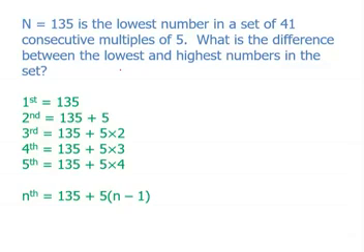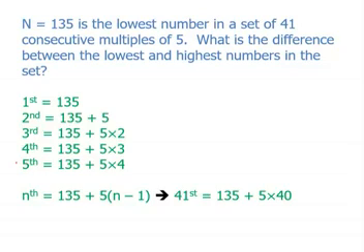So the nth term is going to be 135 plus 5 times n minus 1. Notice that the factor by which we're multiplying here is always 1 less than the number of the term.